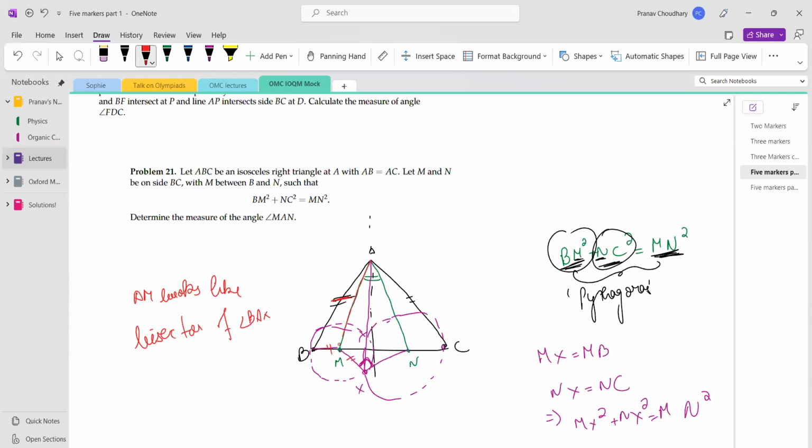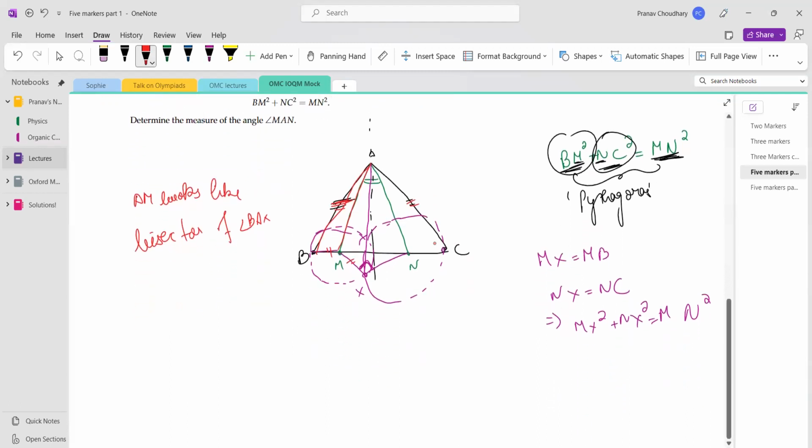This side is common, and this side is equal to this side. So there is some hope that these two triangles, ABM and AXN, are congruent somehow. So let's try to work on that intuition. Also, let's see what happens when this is the angle bisector. If this is the angle bisector here, by symmetry, you can say that this is the angle bisector here as well, right? And then everything just works out.